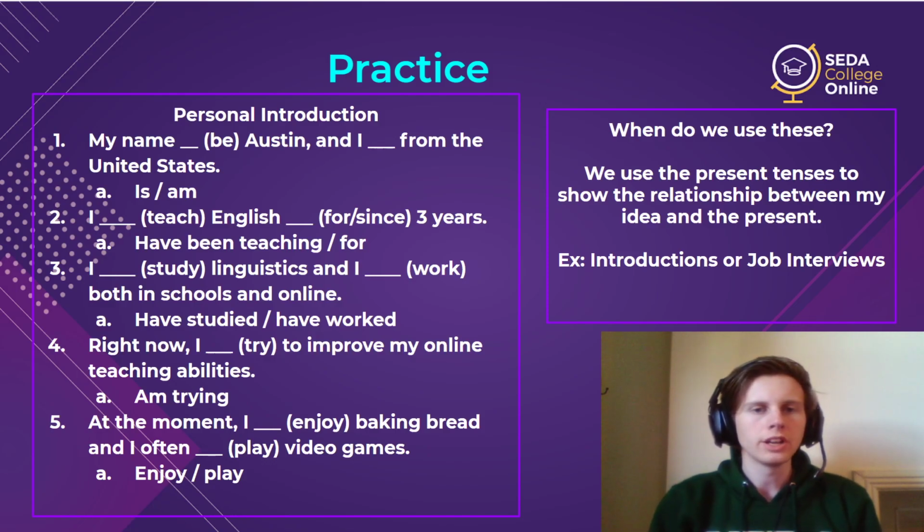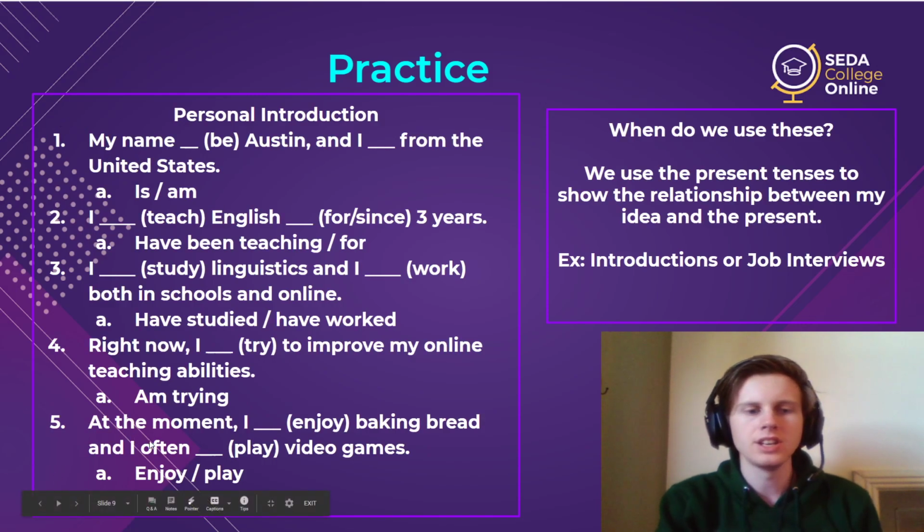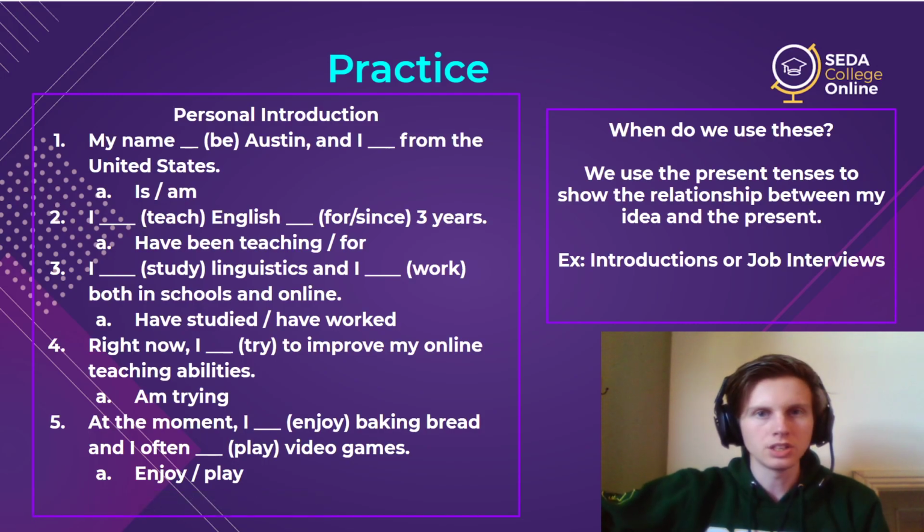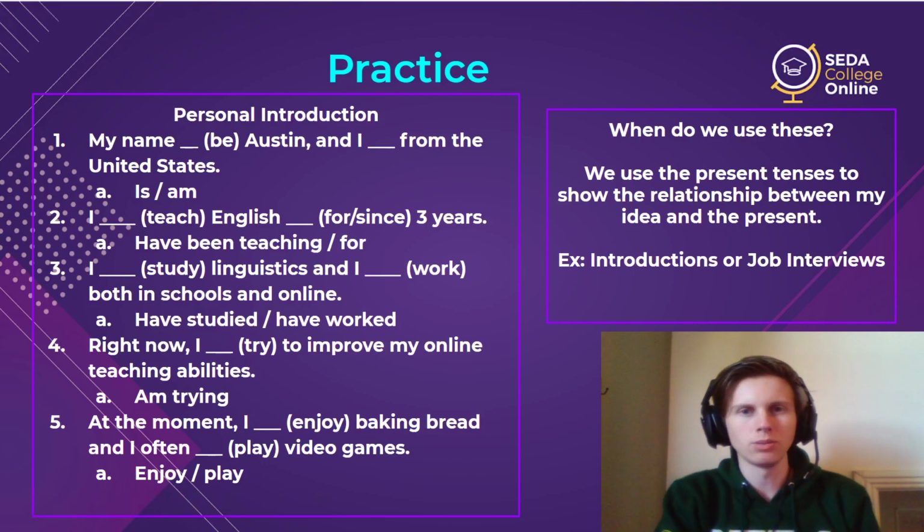We want to communicate different relationships to the other person. I want to communicate that number one is a fact and number five is a description, so I use the present simple. And then I want to communicate in number two that this is something I did in the past and will continue into the future. It's something about now that started in the past and will continue.